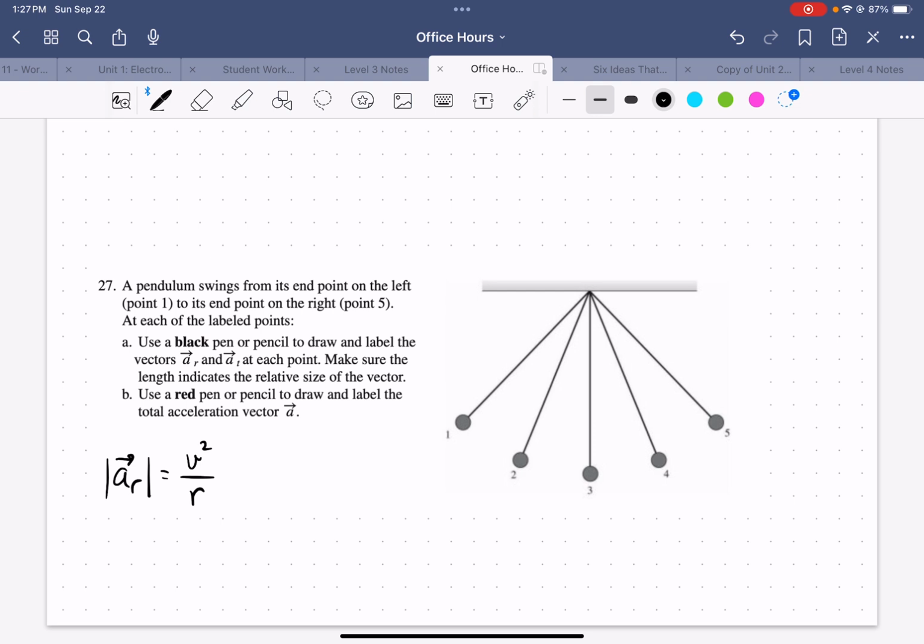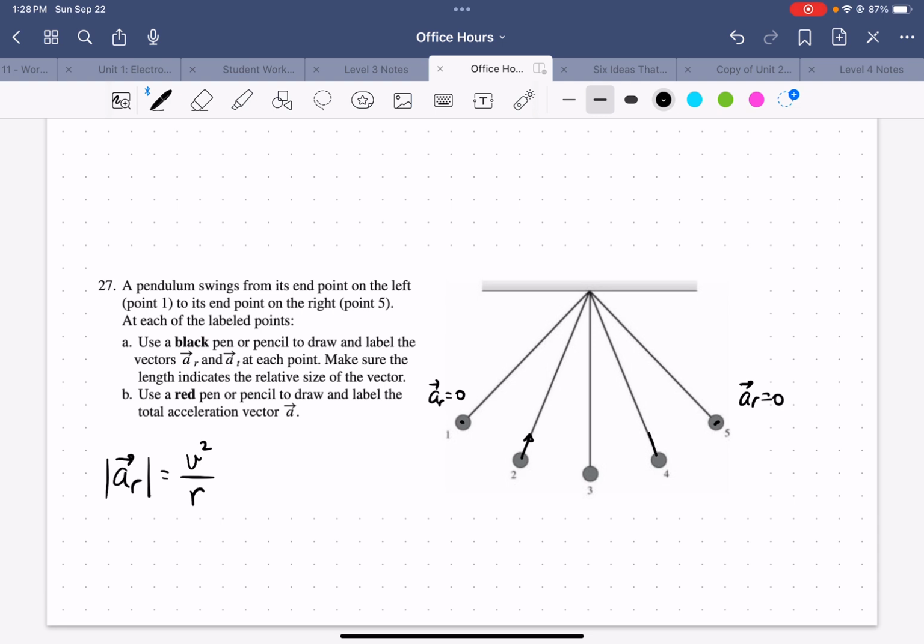The direction of the radial acceleration is radially inward, so it's going to be along the string of the pendulum in each case. Okay, so at points 1 and 5, again, we have the radial acceleration equal to 0. At points 2 and 4, the pendulum will have some speed, so there will be some radial acceleration in those directions.